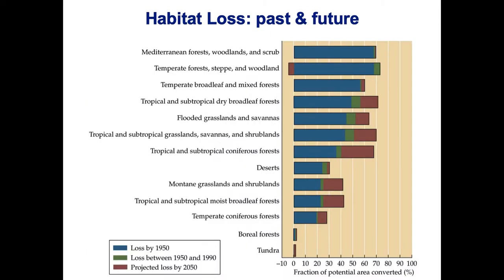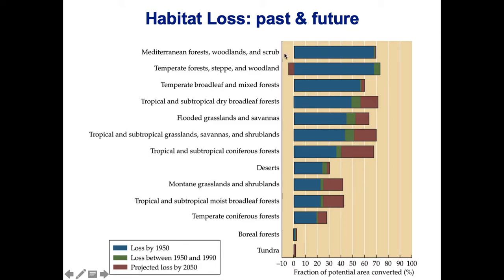So this shows, if we break it down by different types of ecosystems, habitat lost from the past and projected into the future. So we can see here what's been lost by 1950. The green is what was lost between 1950 and 1990, and the darker red is what's projected to be lost by 2050.